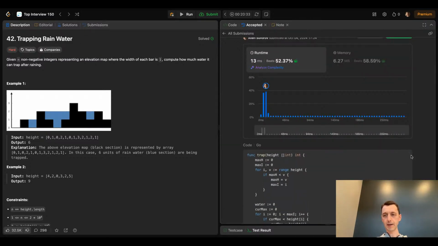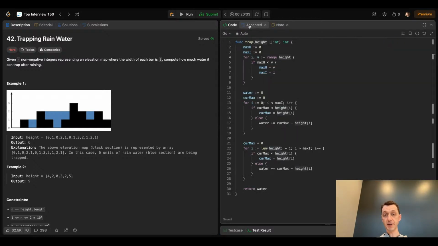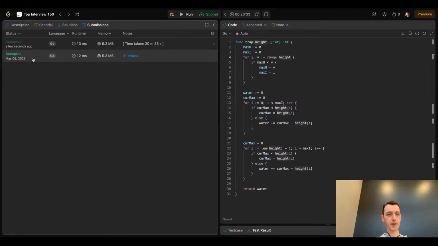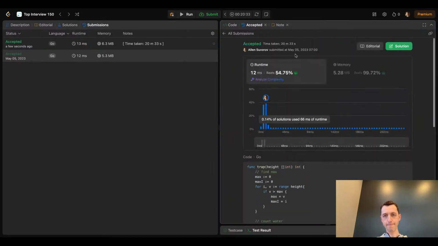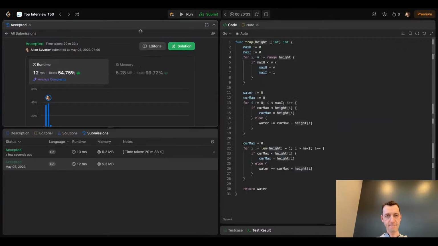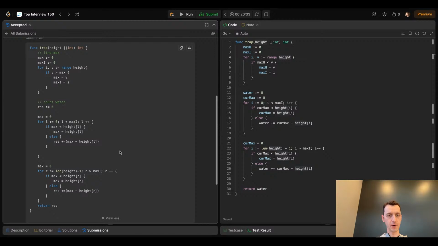Let's compare. We have this in our editor. Let's look at the previous one and compare the code.